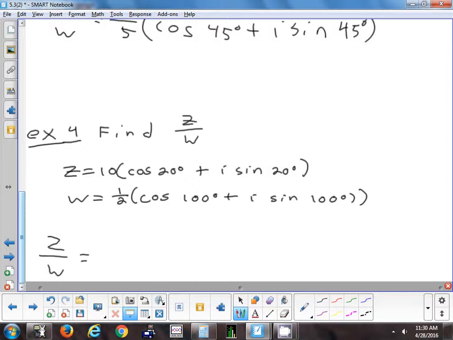Austin, what two numbers am I going to divide to find my radius? 10 and 1/2. Right, we're going to do 10 divided by a half. Okay, so be careful when you think about that. What's 10 divided by a half? Not 10 divided by 2. 20, yep. So 10 divided by 1/2 is 20.